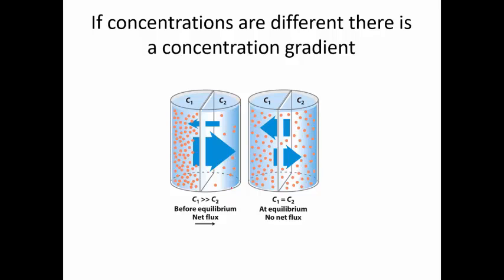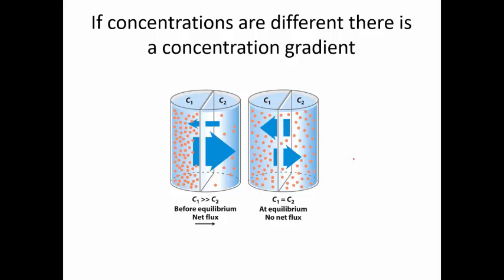Energetically, what wants to happen is the side that has higher concentration moves to the side of lower. The two arrows show there is movement in both directions, but as long as there's a concentration gradient, there's going to be more movement towards the lower concentration side. Once you hit equilibrium where the concentrations are the same, you do not have any concentration gradient anymore, and there's still movement. Some molecules move from this side to that side, some from that side to this side, but they're equal. That's what makes you at equilibrium.